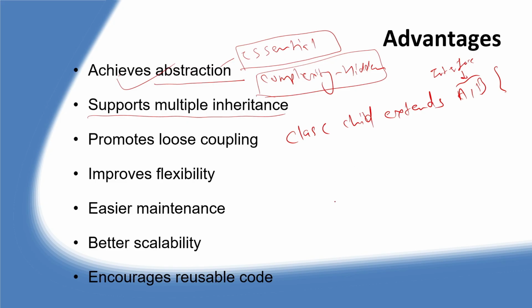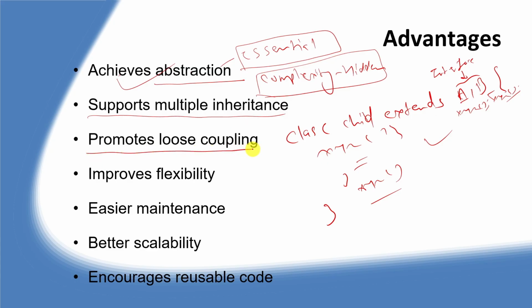Whatever methods, let's say we have an XYZ method here and an XYZ method here, only the method declaration will be there since it is an interface. So the child class can define the method and use it. That's how we achieve multiple inheritance using interfaces in Java.